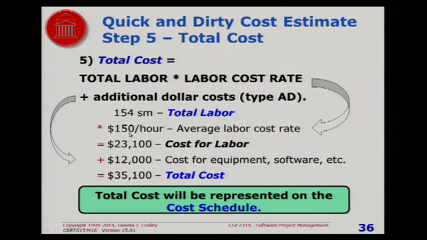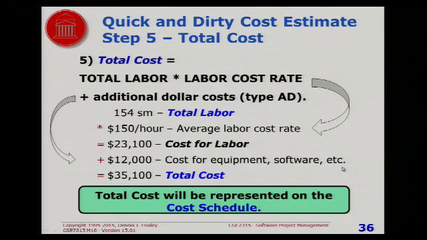So you multiply the cost per hour times the number of staff months or whatever, and you get a cost for labor. Now, this is probably in thousands of dollars, but anyway, then you add any other costs that are not measured in labor, like equipment, software you have to buy, computers you have to buy, stuff like that. And that's your total cost.